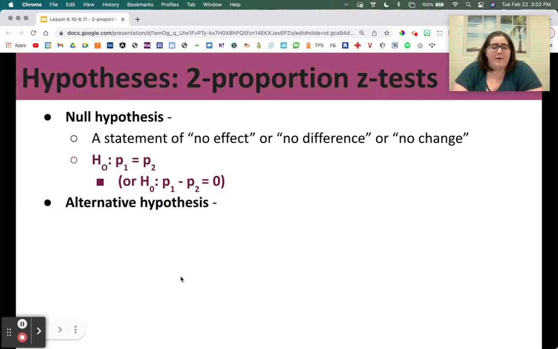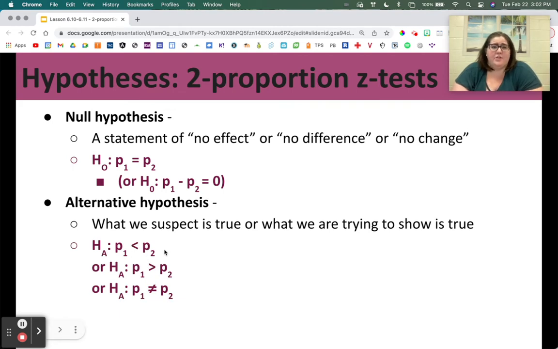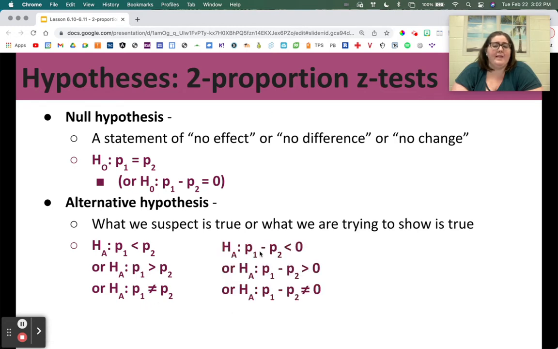Your alternative hypothesis is basically that one is greater than the other, or less than the other, or not equal to the other. It's basically what we think might be true based on what the problem asks us to show, in terms of this proportion. So less than, greater than, or not equal to. Again, we could write that as a difference compared to 0. p1 minus p2 is less than 0, or greater than 0, or not equal to 0.